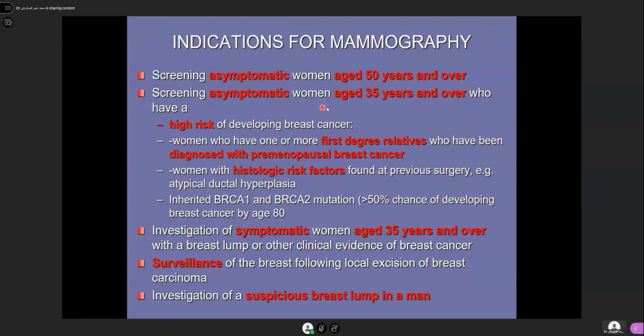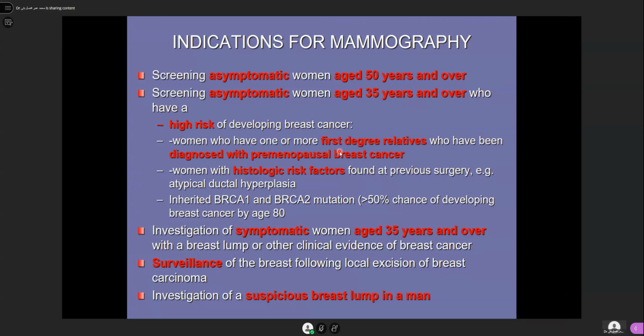And if she is above 35 years of age, we will perform screening in those women who are at high risk of developing breast cancer. Like which females are at high risk, like females who have a history of cancer in the family. But they should be first degree relatives, like mother, sister.